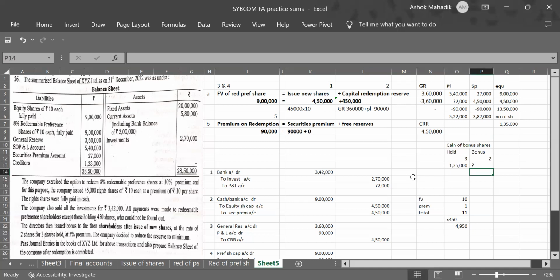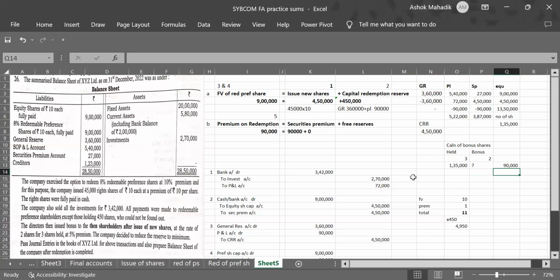So 2 into 1,35,000 divided by 3. This is cross multiplication. So 90,000 is the number of shares the company is going to issue as bonus shares.